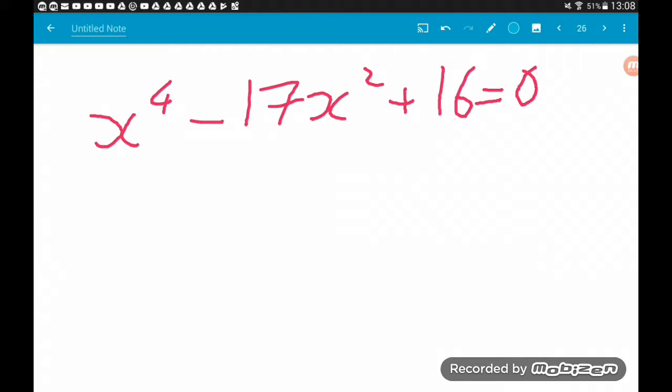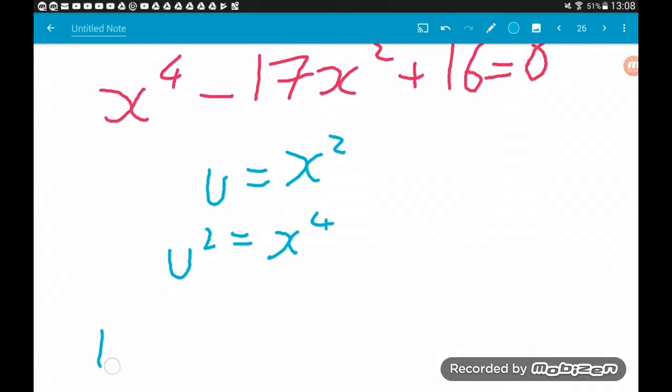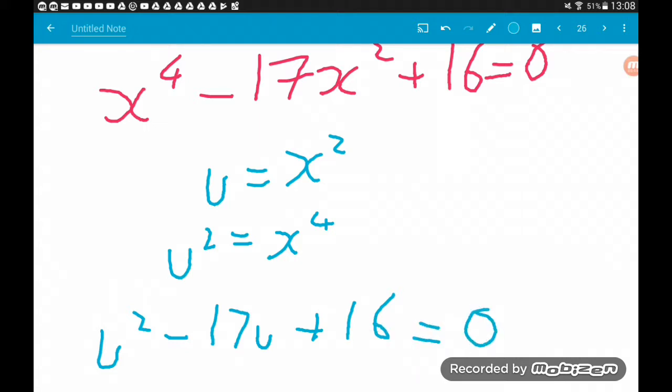Well, if we say that u is x squared, then u squared is x to the power 4. So then we've got u squared minus 17u plus 16 equals 0, like that.